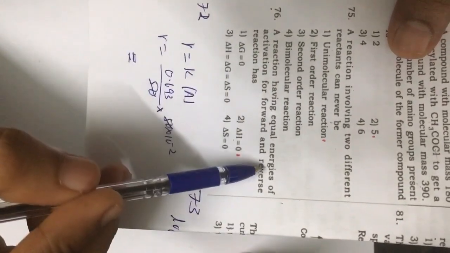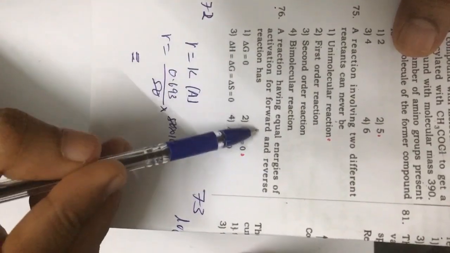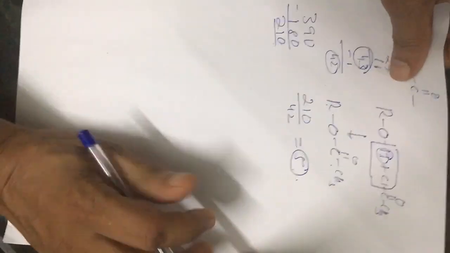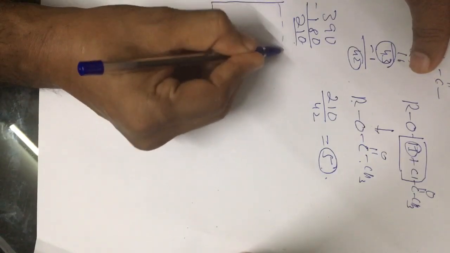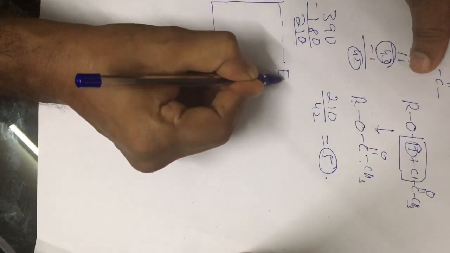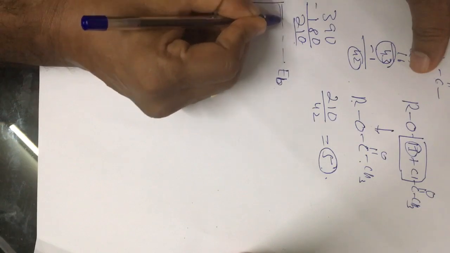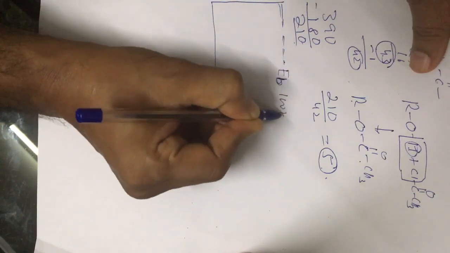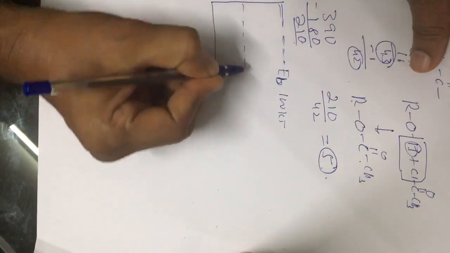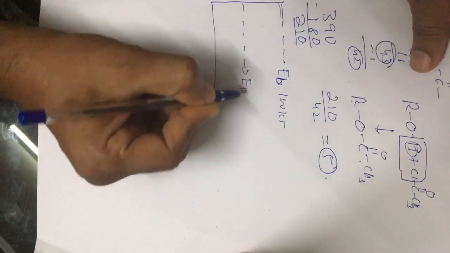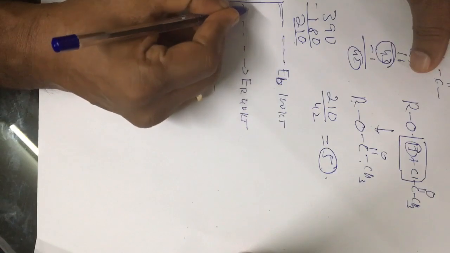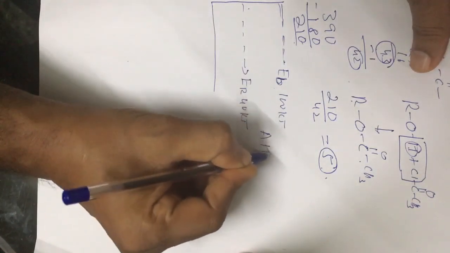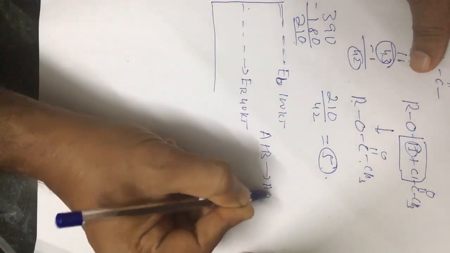A reaction having equal energies of activation for forward and reverse reaction. See, normally for a reaction like this, there is an energy barrier, suppose this is EA, this is the energy barrier EB, and let us suppose this is at 100 kilojoule. This is the energy of the reactant, let us suppose 40 kilojoule. This is the reaction, A plus B giving the AB product.